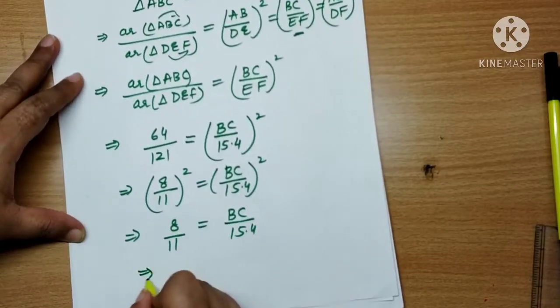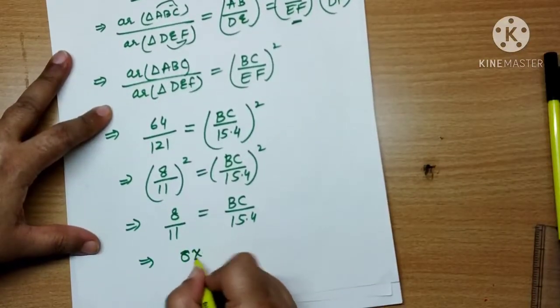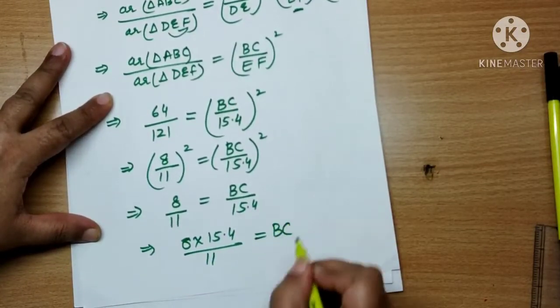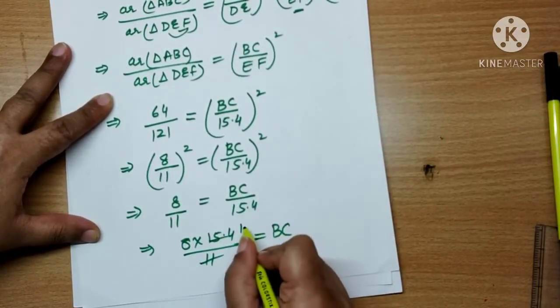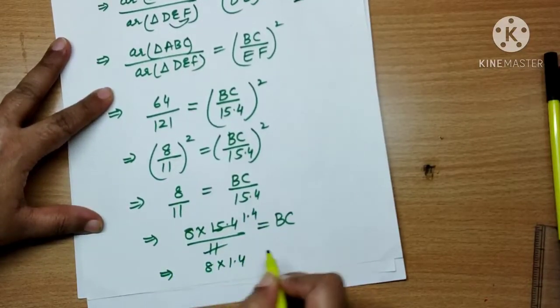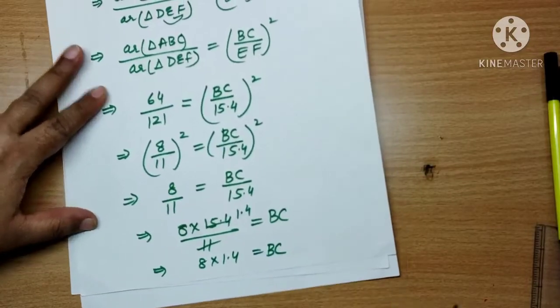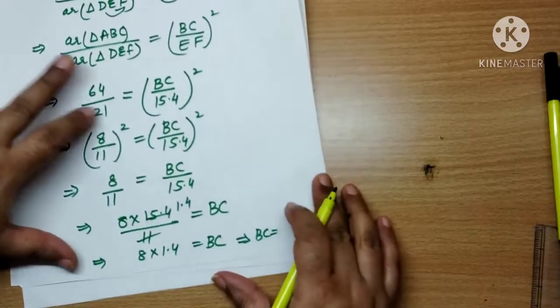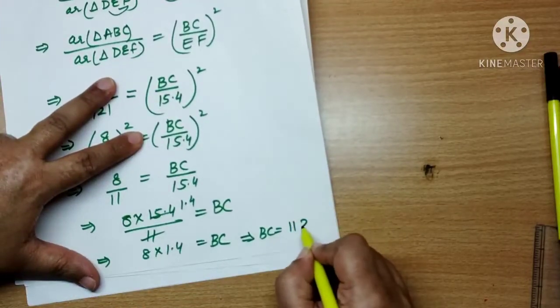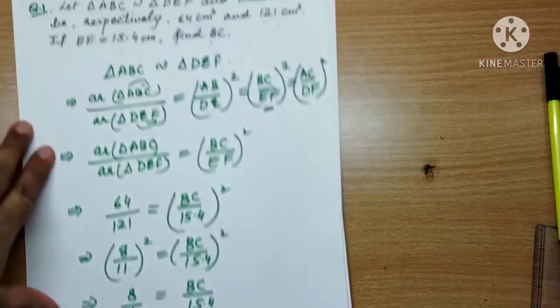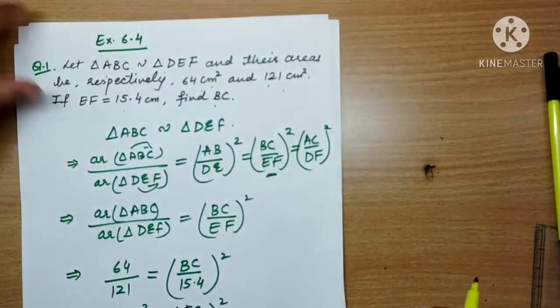If we simplify this, I get 8 into 15.4 by 11 equal to BC. So 11 ones are 11, 0.4 remains, so 8 into 1.4 is BC. Now what is 14 eights? 112. So 11.2 centimeter. So we got BC as 11.2 centimeter.